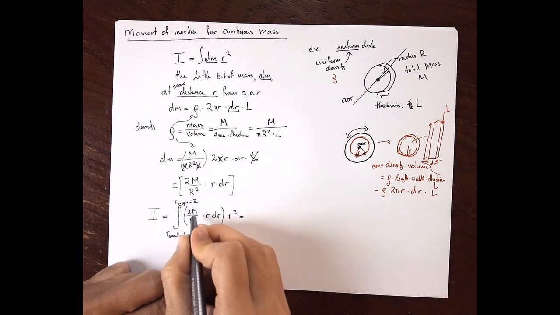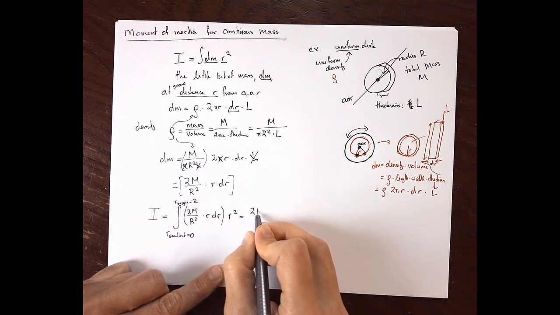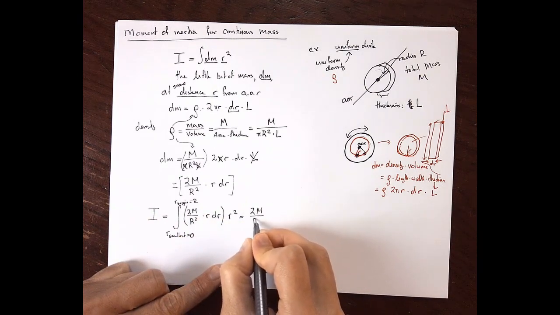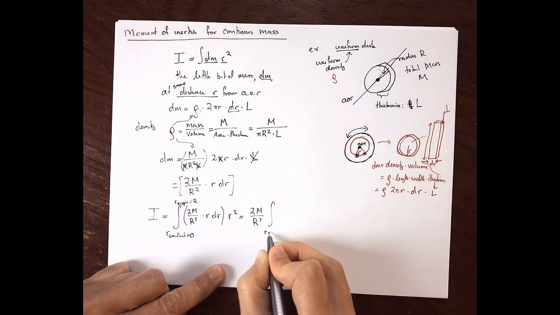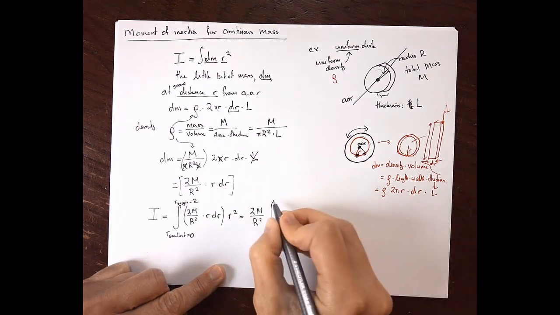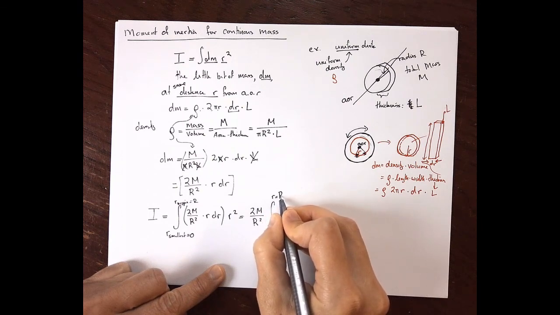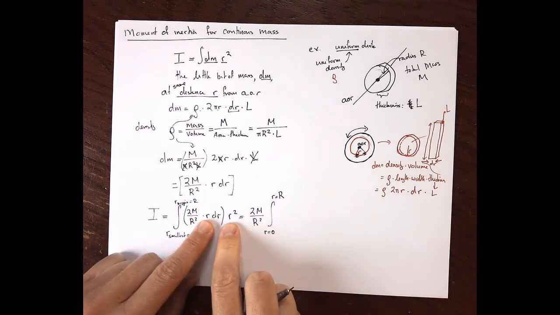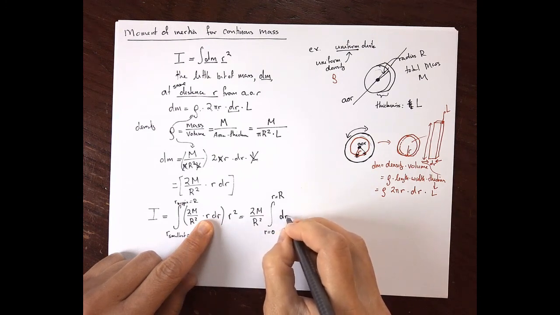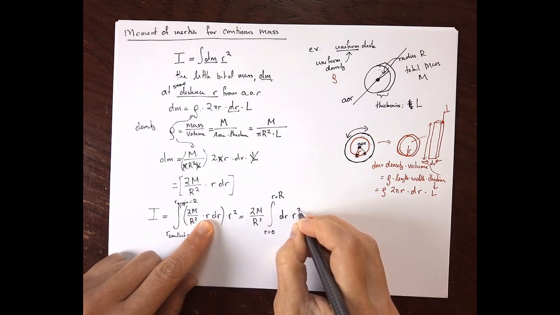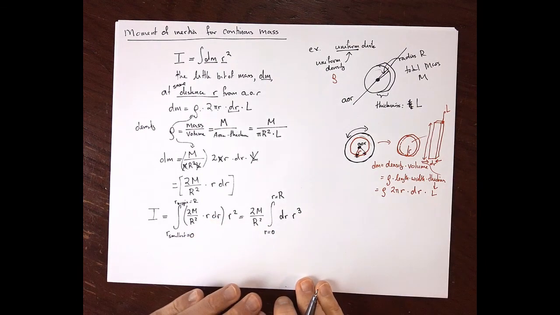All right, so let's take the constants outside. This 2 times the total mass over R squared. And then we've got our integration limits. 0 down here is the smallest, big R up here is the biggest. And we've got r and r squared. So as we integrate over r, we'll be doing it for r cubed.